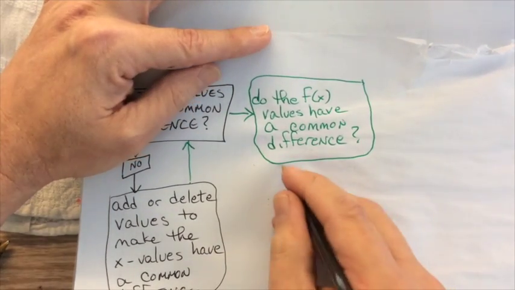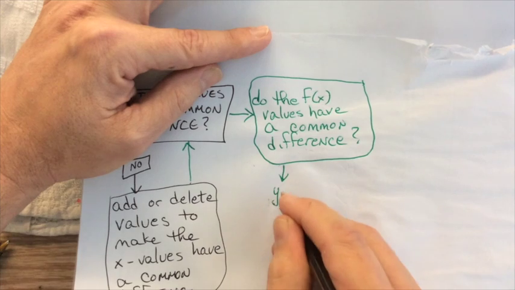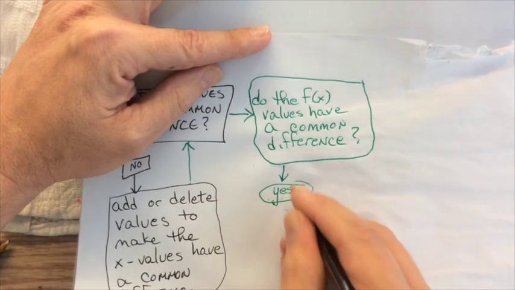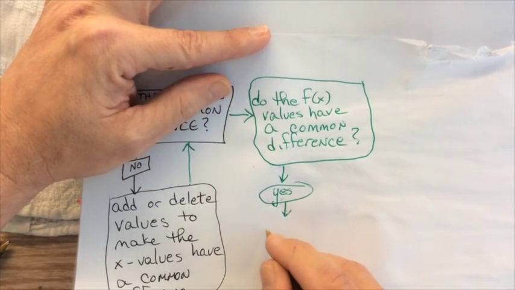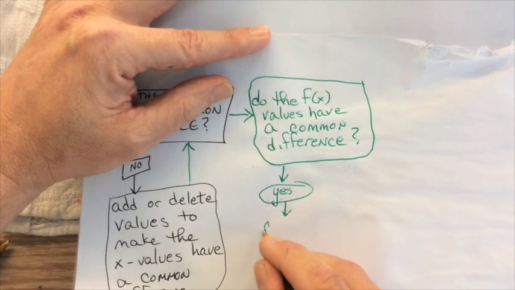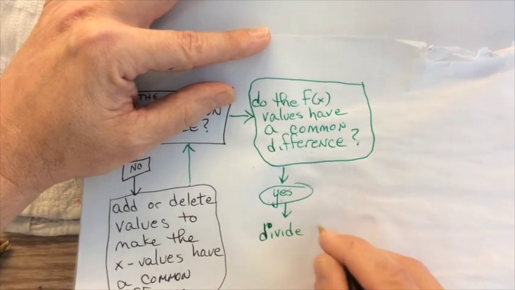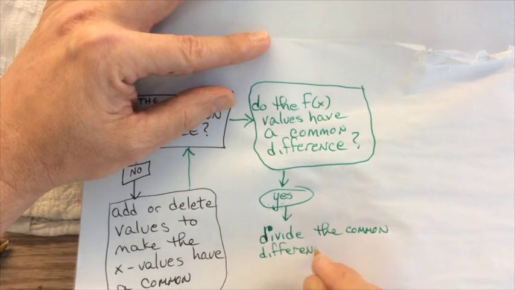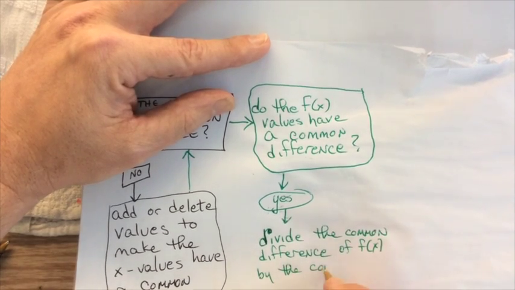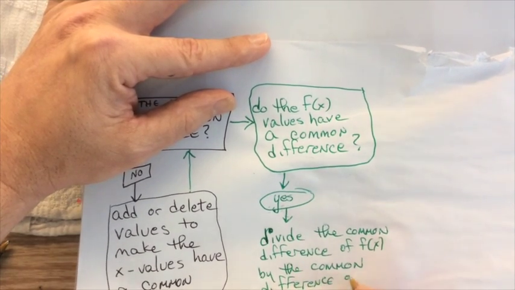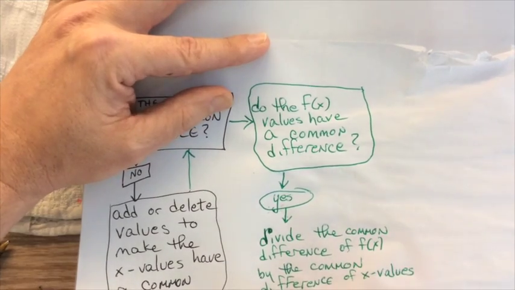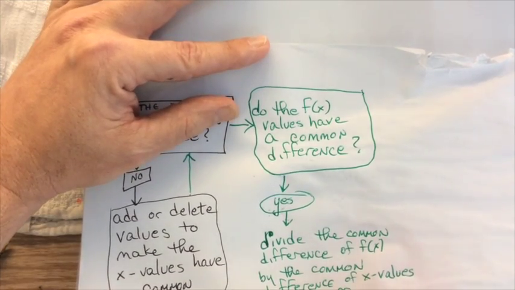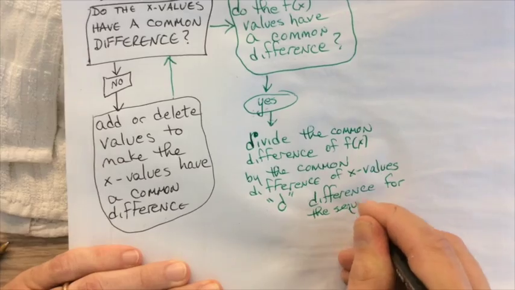If the answer to this is yes, then you take the common difference of f of x and divide it by the common difference of the x values, and whatever you get, let's call that d, the difference for the sequence.